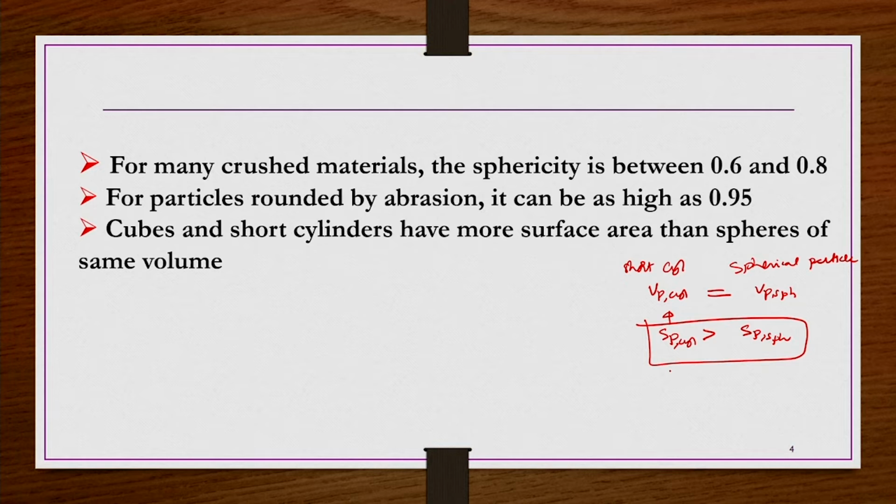Because of this reason, if you take a short cylinder and a spherical particle, and the volumes of these two particles are equal to each other, then the surface area of the cylindrical particle is going to be more compared to the surface area of the spherical particle of the same volume. The same is true for cubes also, but it is not necessary for all cases.